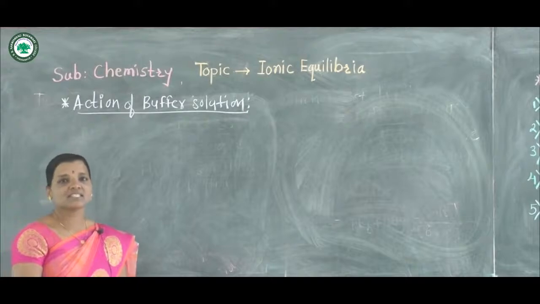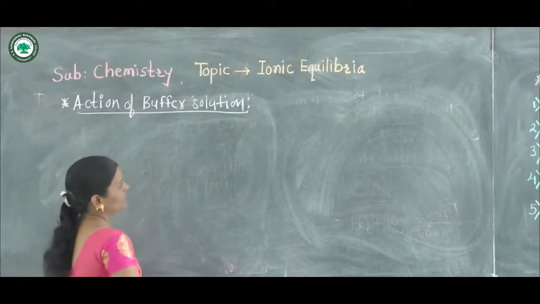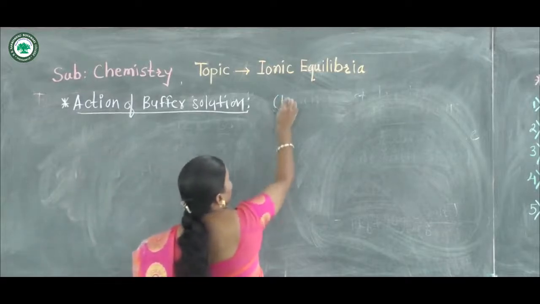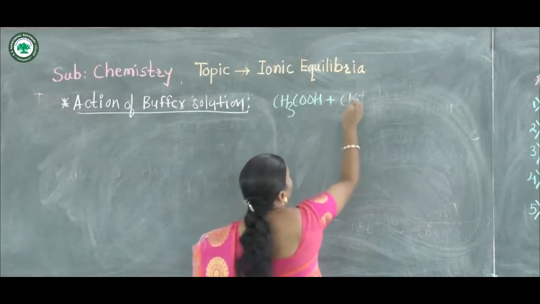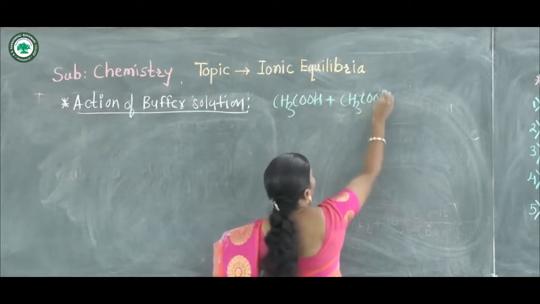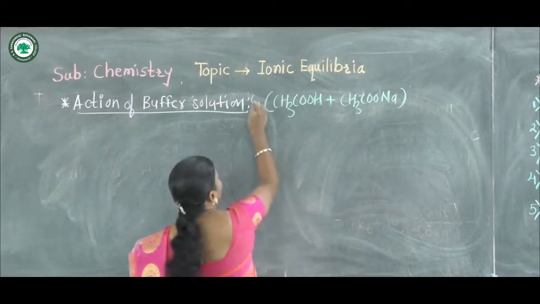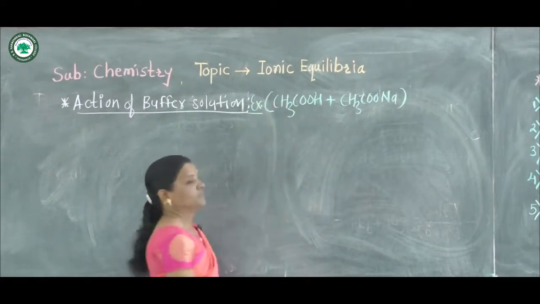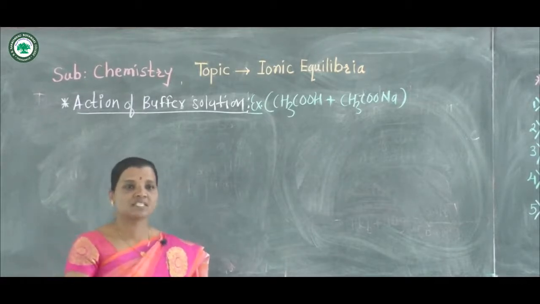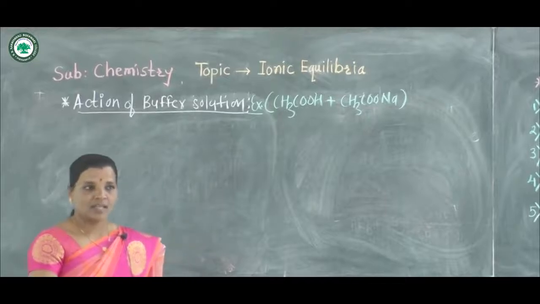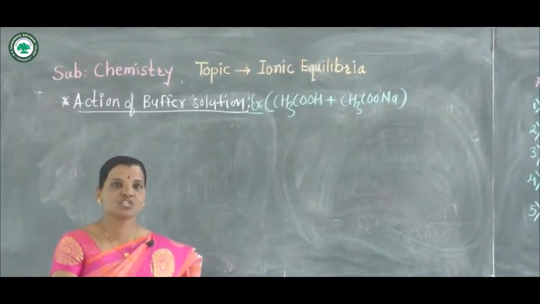First let us consider acidic buffer solution, and an example of acidic buffer solution is a solution of acetic acid and its salt of strong base, sodium acetate. Now we have to see what is the actual action of this buffer solution.